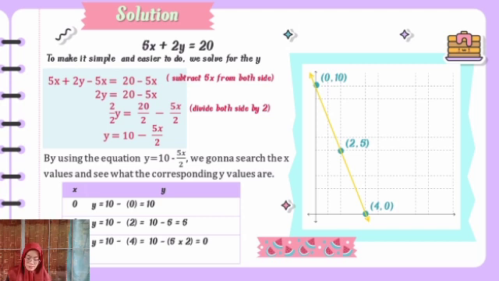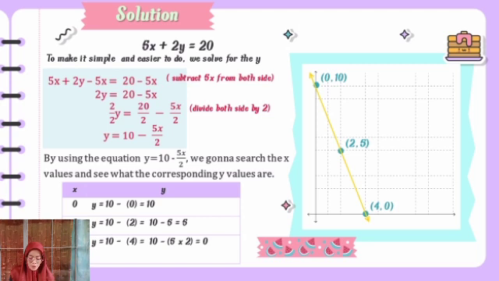So we get 2y equals 20 minus 5x. So we divide both sides by 2. So we get 2y divided by 2 equals 20 divided by 2 minus 5x divided by 2, and we have y equals 10 minus 5x divided by 2.